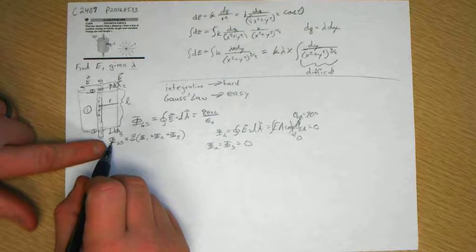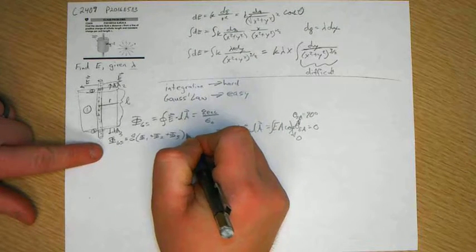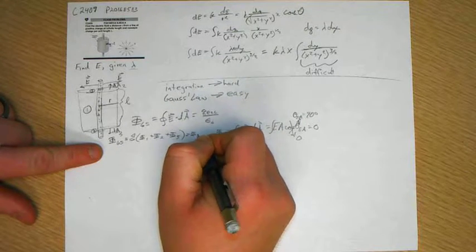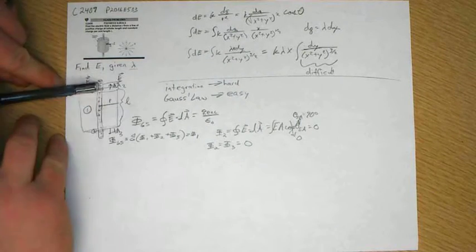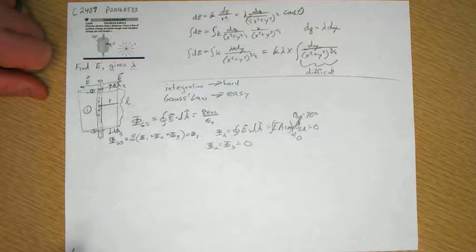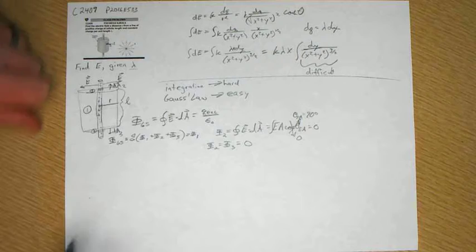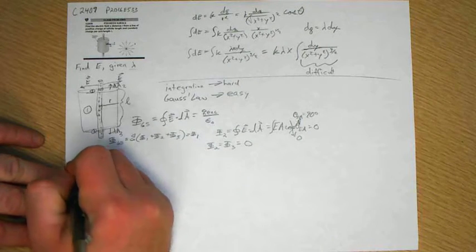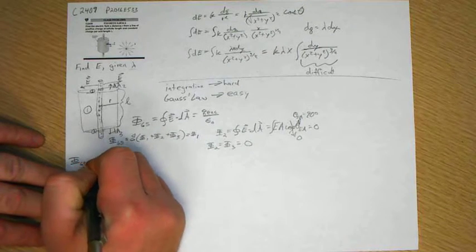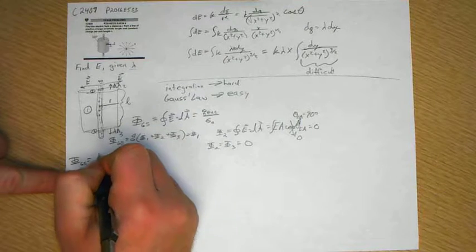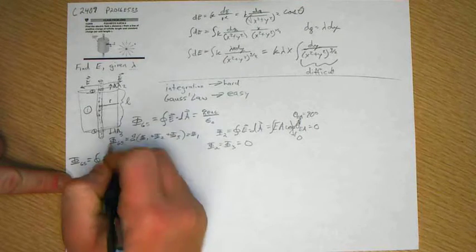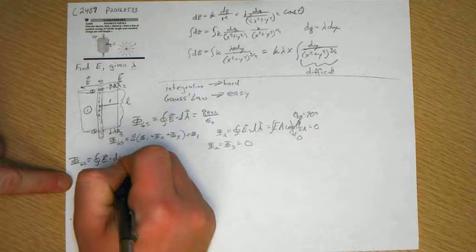So the total flux through the Gaussian surface is just the flux through surface 1, the curved surface. So the flux through the Gaussian surface is the flux through surface 1, E dot dA1.